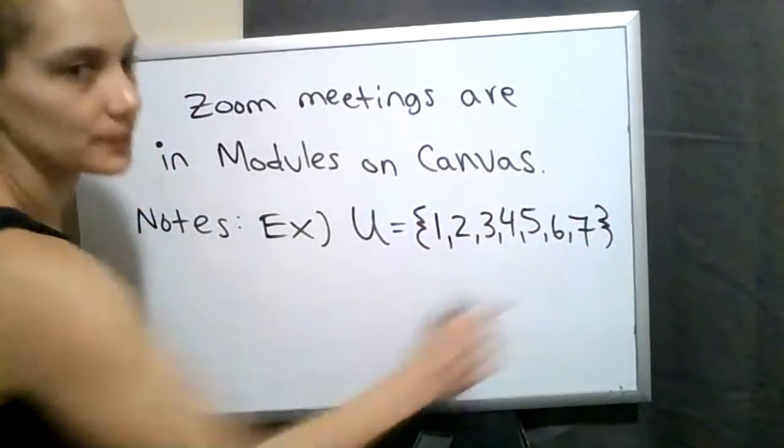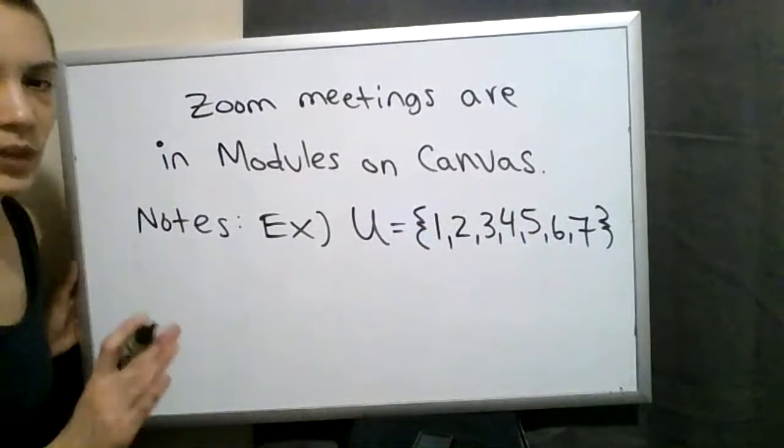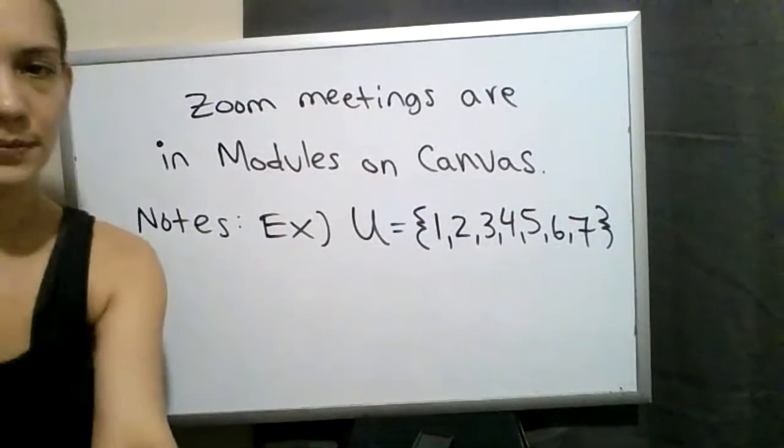And then close your set. We'll have just one subset, A.